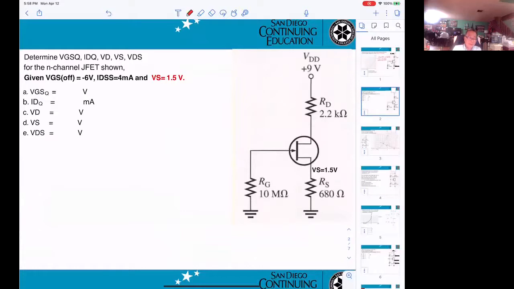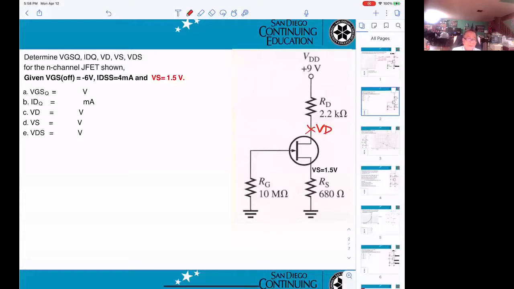In order to do it without the graphic, sometimes they give you VD.